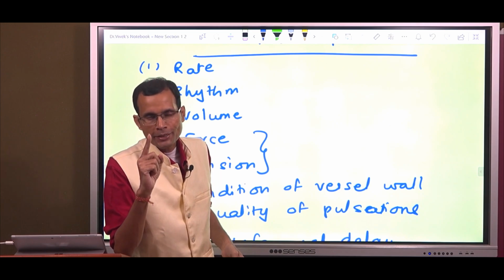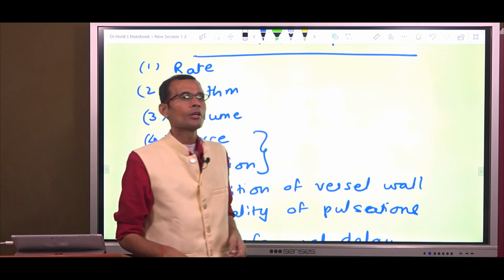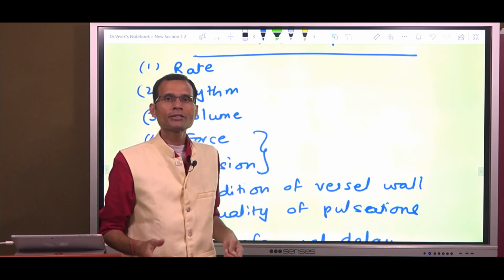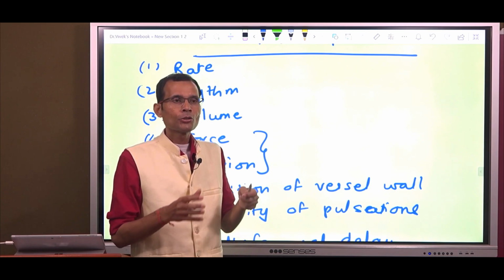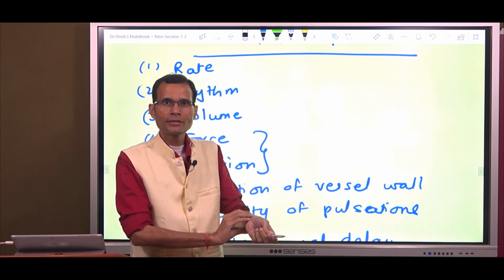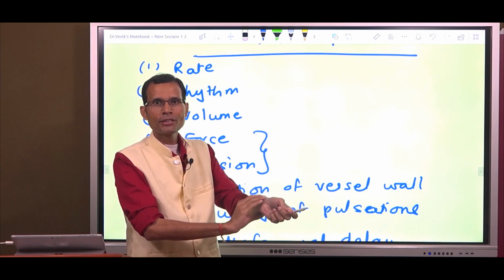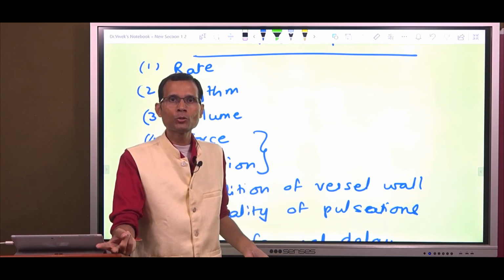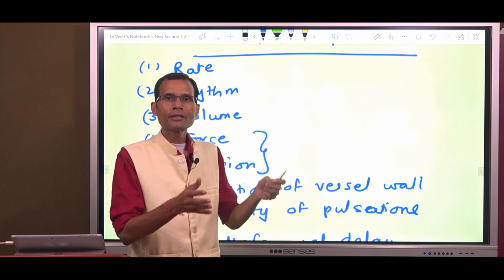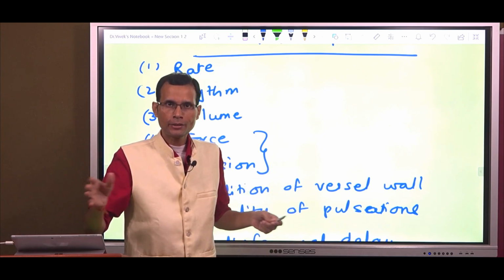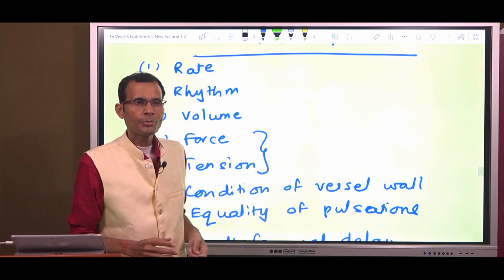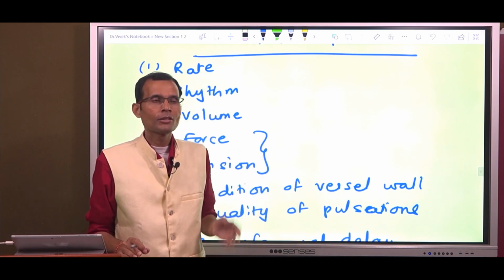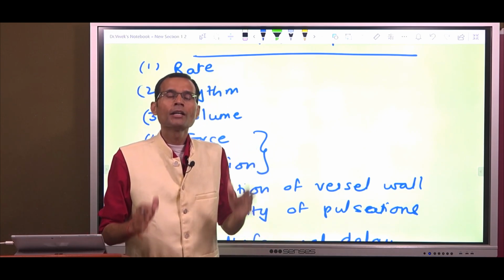Well, let me reiterate this again. Many students and even doctors have this tendency to check the pulse for 30 seconds and then multiply it by 2 to get the pulse rate, the number of pulsations per minute. That's not advisable. It should be 1 or even 2 minutes. Why?